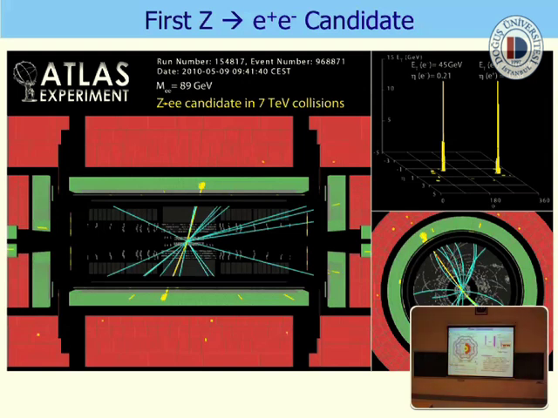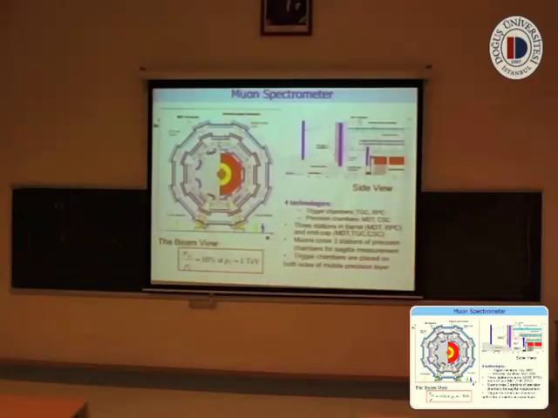Okay, let me move to the Muon spectrometer. I already discussed a little bit about it, but I would like to show you again. So this is just the geometry of a Muon spectrometer. This is a phi plane, and this is an RZ plane. Again, this is the interaction point, Z direction, R direction.